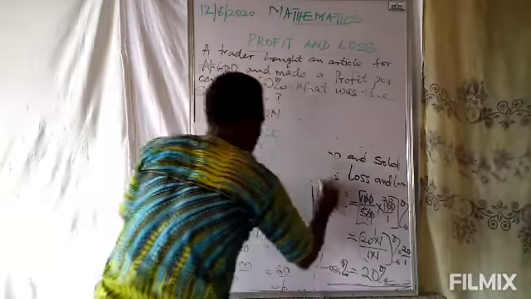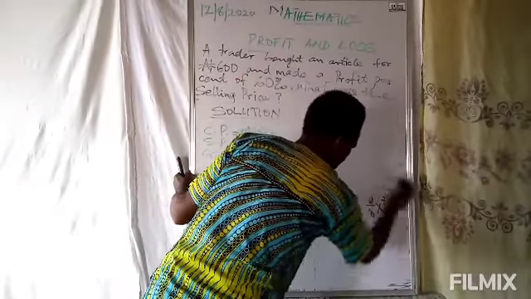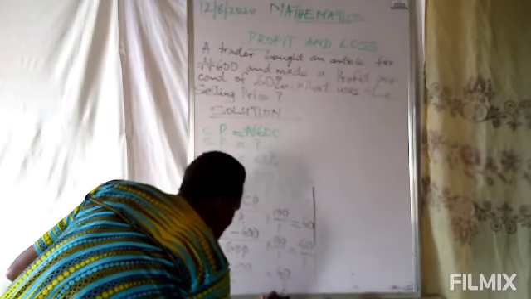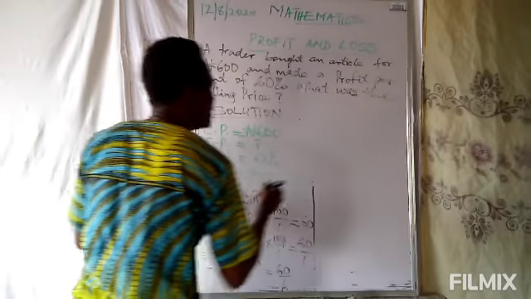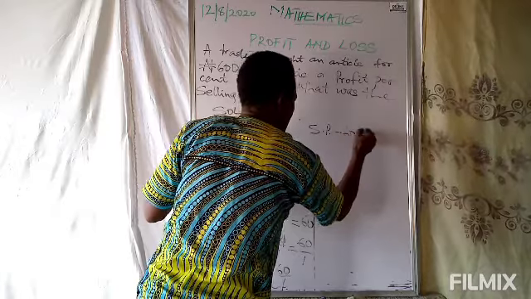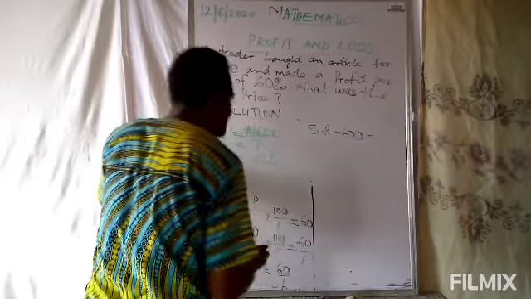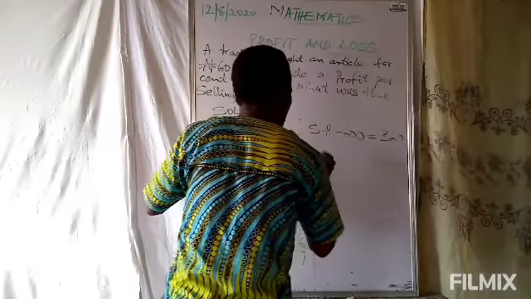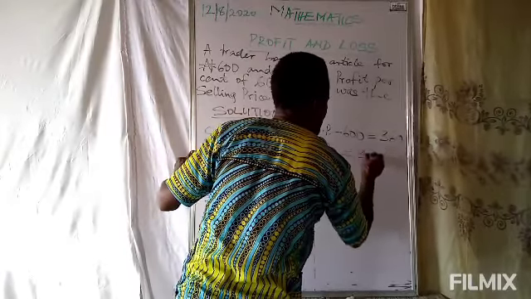So by cross multiplication, we now have this times this is the same thing. So SP minus 600 is equal to 60 times 6, that is 360. Therefore, SP is equal to 360.